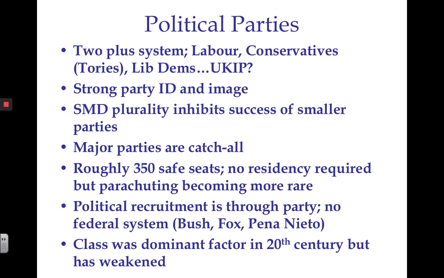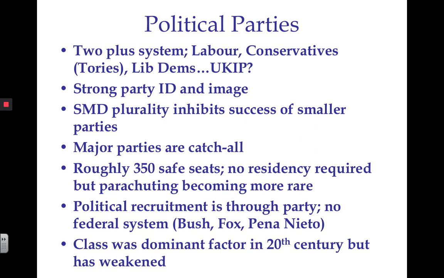Party-wise in the UK, from an institution-wise piece in the last bit here, it is a 2+ system. Historically, the Labour and the Tories since World War II have been the big two. The Liberal Democrats emerged in the 1980s and became stronger in the 90s as kind of the plus member. Lib Dems got wiped out in the 2015 elections.